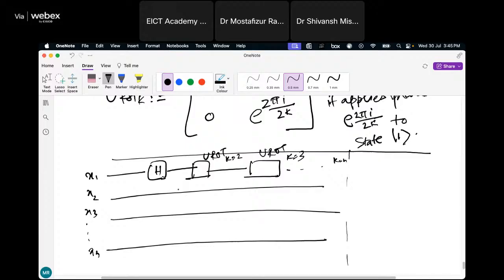For the second qubit, there is only one phase factor, so this controlled U rotation 1 gate. For the third, you have the action of this and this. And so on. So this is the implication. So instead of drawing this thing, let me share how it is implemented from the direct encoding part.